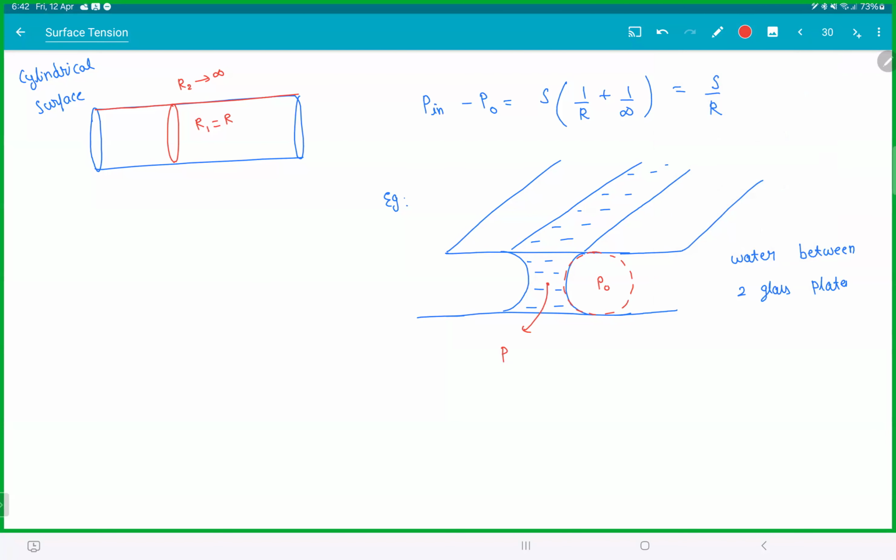If you say inside, outside, you'll get confused. If you write in terms of concave and convex, you'll understand. This side is the convex side, and this side is your concave side. So P convex will be P inside, and P naught minus P in will be S by R. So actually the pressure inside that liquid will be slightly less. Because of this, the atmosphere tries to compress the plates. If you want to separate the plates, you need to apply some pressure to separate them.